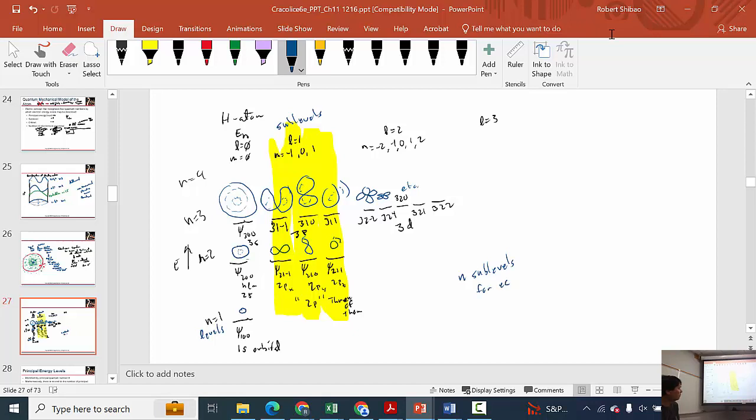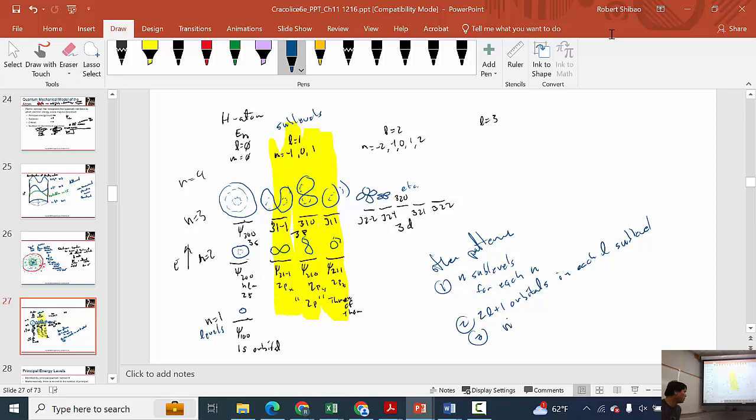For each n, how many orbitals are there in each sublevel? There are 2L plus 1 orbitals in each L sublevel. These are other patterns. How many orbitals are there in a level?